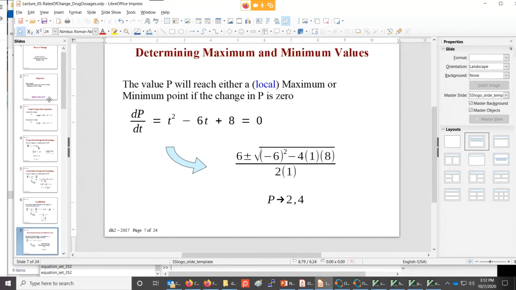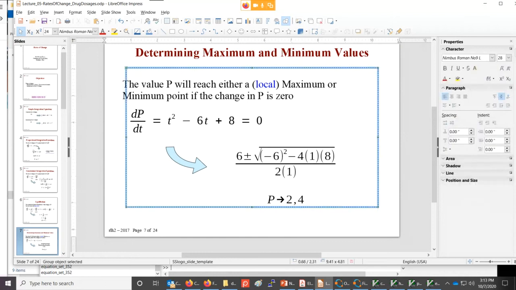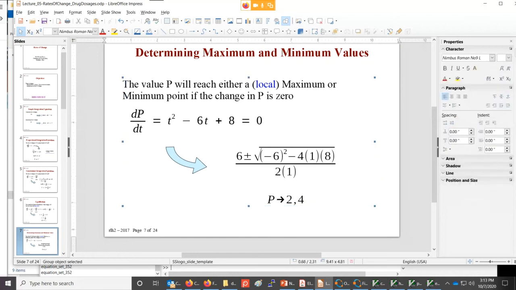All right, just some other examples here. If our population is like a quadratic, just to give you an example here: t squared minus 6t plus 8. If this was your population equation, then we could apply the quadratic equation, and we could find that at points 2 and 4.